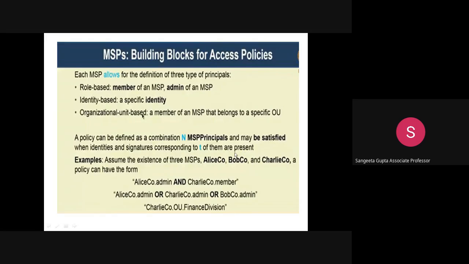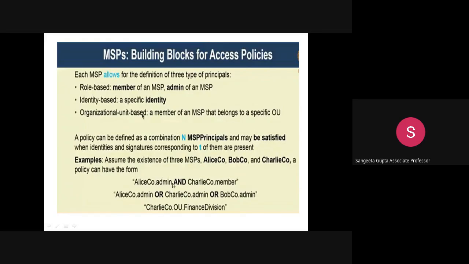That means at least t identities must match among the given n identities. And this is a representation. If there are three MSPs, Alice, Bob, and Charlie, then a policy can have the form: the admin of Alice and a member of Charlie. They can work in combination because they might have similar interests.